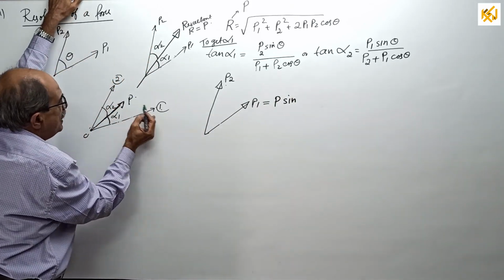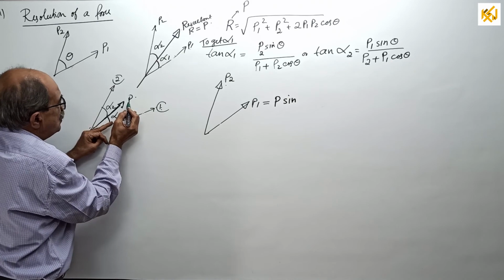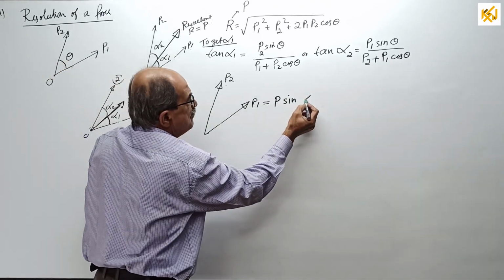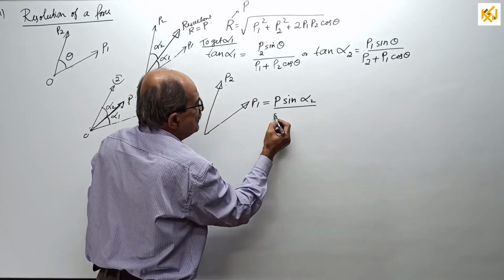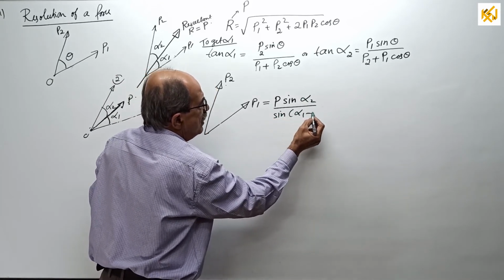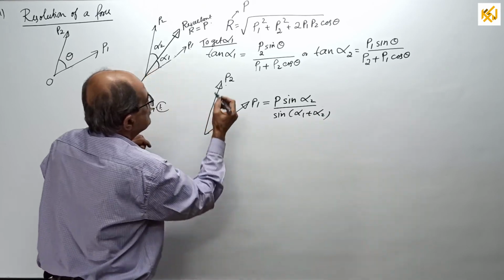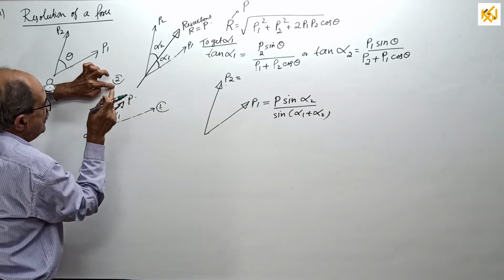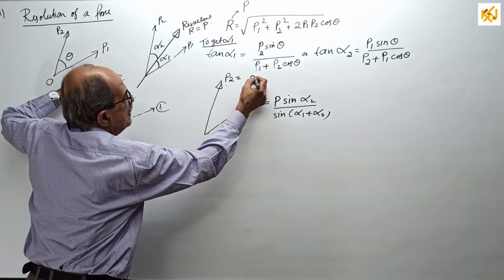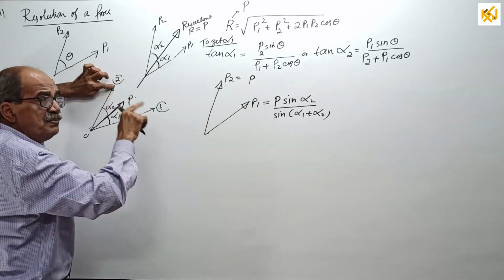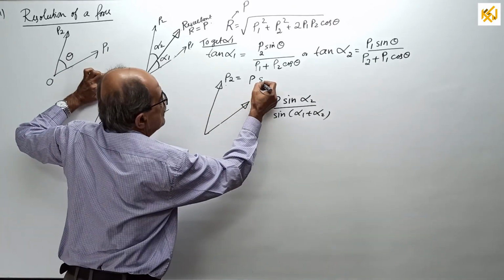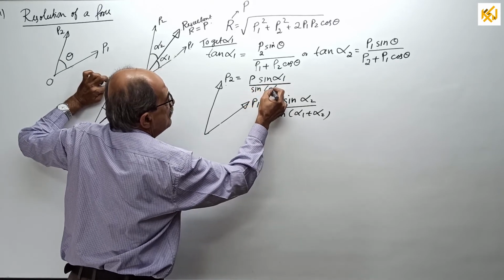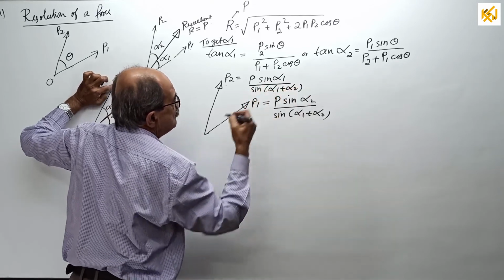I want the component along 1, so the other angle is alpha 2. P1 equals P sine alpha 2 divided by sine of alpha 1 plus alpha 2. Same way, for P2, the component along this one is force P into sine of the other angle, sine alpha 1, divided by sine of alpha 1 plus alpha 2.